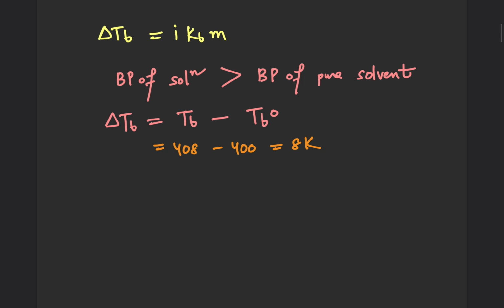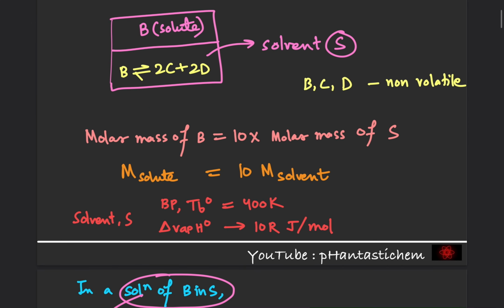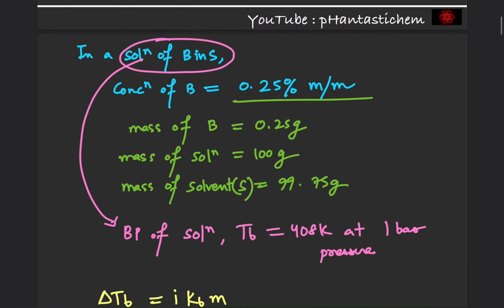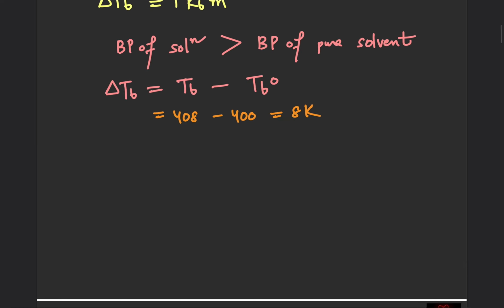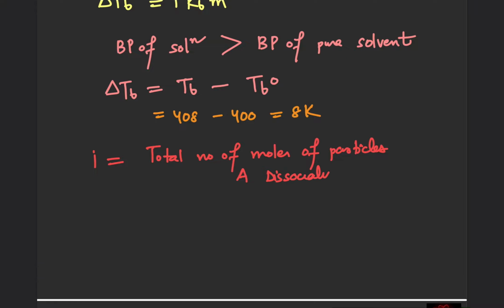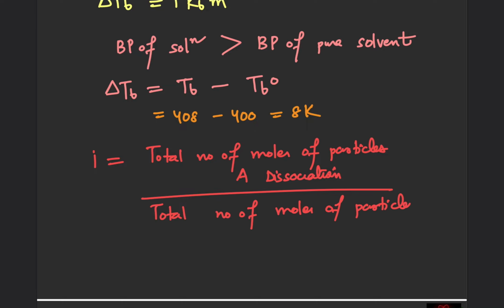And since B is dissociating, if you remember, the van't Hoff factor i will be equal to the total number of moles of particles after dissociation divided by the total number of moles of particles before dissociation.